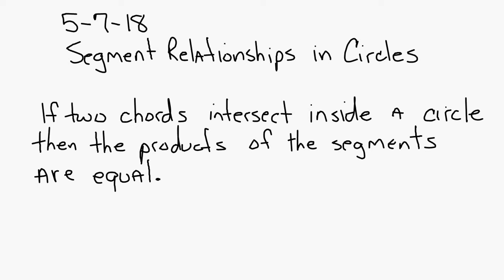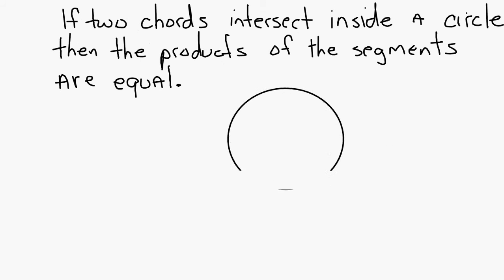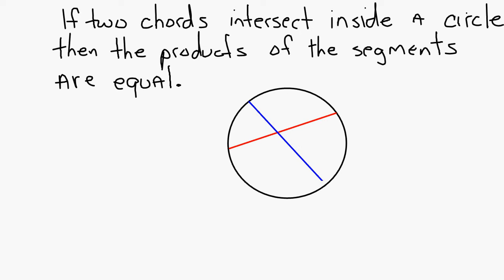And move that up there. So you can just kind of look at the picture there, and it's a really good explanation of what's going on. So you got a circle, and let's say red chord intersects with blue chord. And as you can see, they intersect inside the circle.